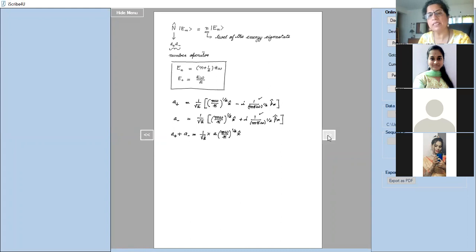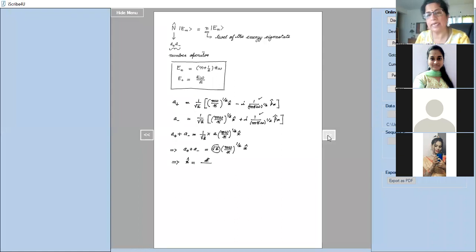You're just doing a plus plus a minus, which implies that you will get a plus plus a minus. Here you will get (2mω/ħ)^(1/2) x. Now thereby we can say that x is equal to, we will bring all this onto the other side, ħ divided by root 2.